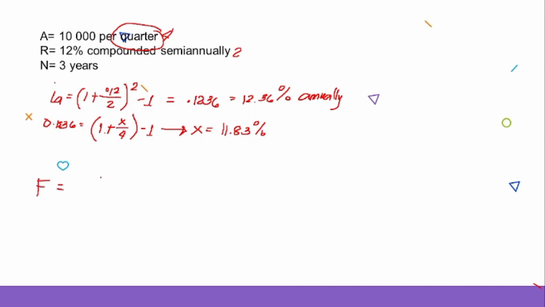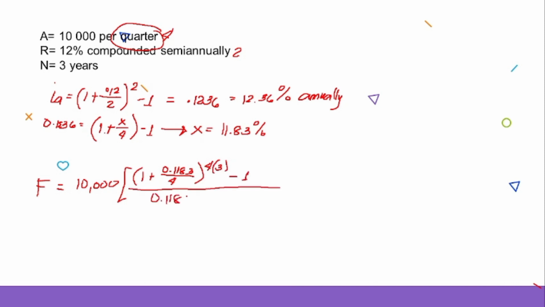So that would be 10,000 times 1 plus 0.1183 all over quarterly, which is 4, raised to 4 times 3, minus 1, all over 0.1183 all over 4.